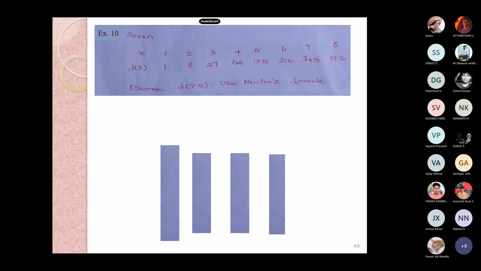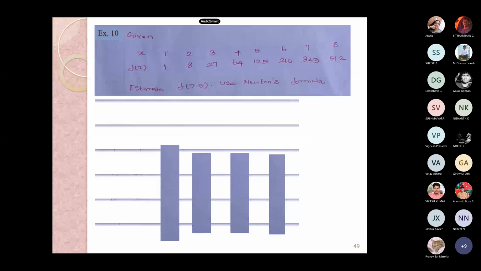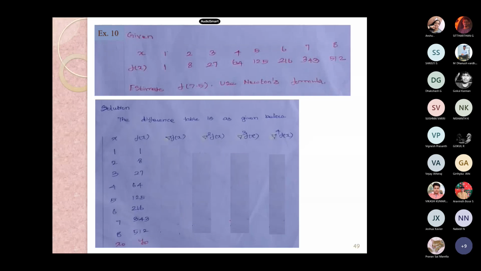Once the data set is not uniform, you need to depend on the initial presentation in the second part of unit 3. Here f of 7.5 is nearer to the end portion, so it is suggested to use the backward interpolation formula. The formula is the same as the earlier one, only the symbol changes.